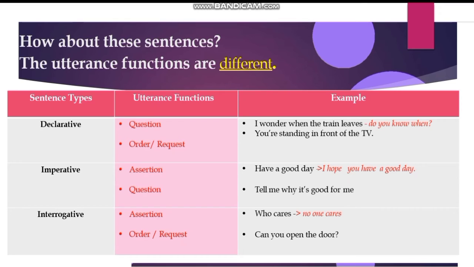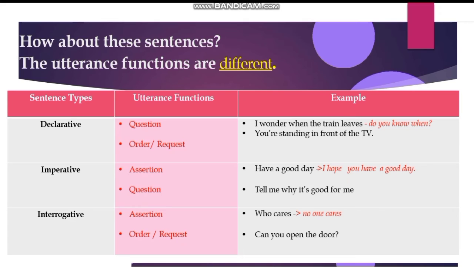And then the utterance functions are different. The sentence type is declarative, and the utterance function is a question, order, or request. And the example of a declarative sentence: I wonder when the train leaves. You are standing in front of the TV.